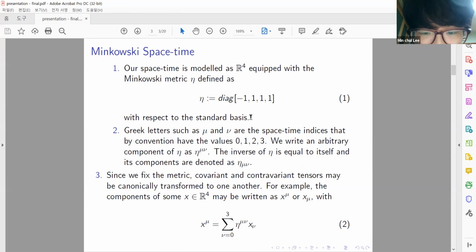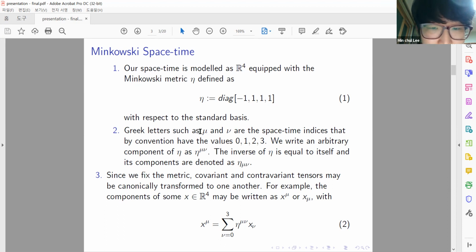Physicists prefer to work with a specific basis and the components of the inner product. So instead of some abstract pseudo-Riemannian metric, they present this specific matrix as the metric.